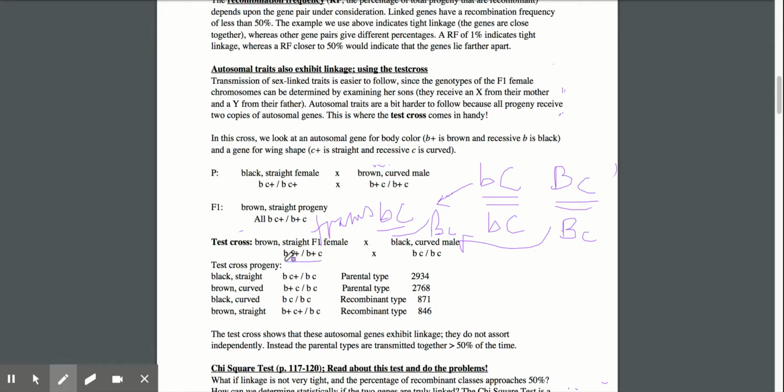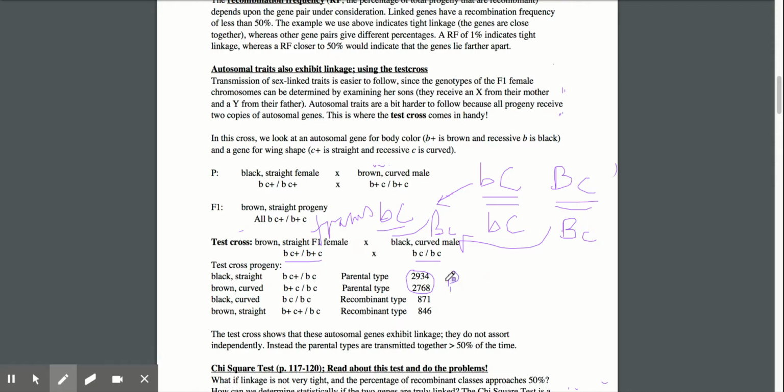So now we're doing the test cross with that dihybrid and a double homozygote recessive. And now we have our 4 combinations: black with straight, brown with curve, black with curve, brown with straight. And they show the genotypes, right? These first 2, which I can tell by tracking back the genotypes, or just because these are the big numbers, those are the parentals.